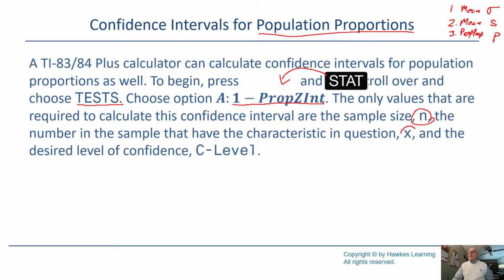and you need X. That's it. You need those. And the confidence level, of course. So you need N, you need X, those give you the proportion, and we've talked about that in class.